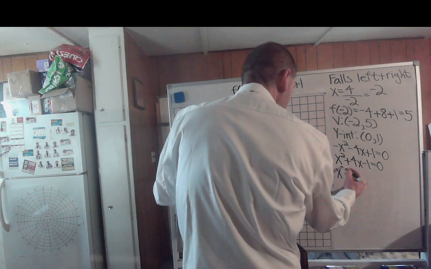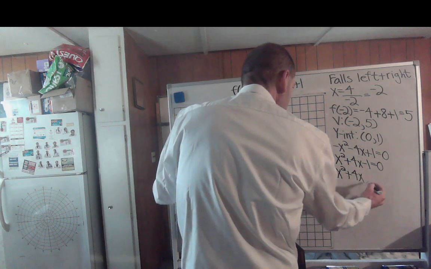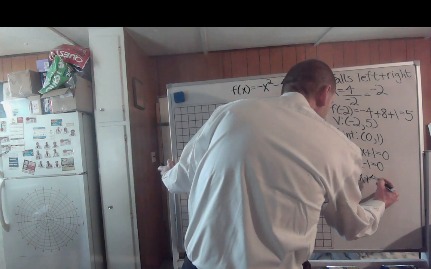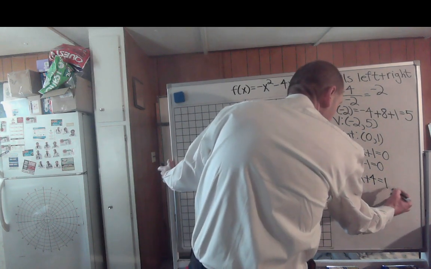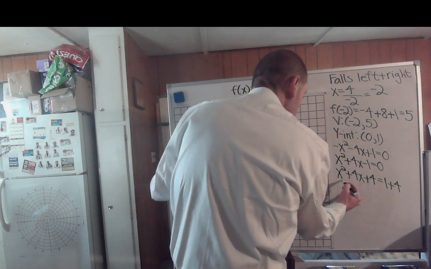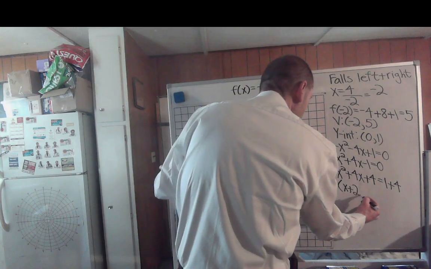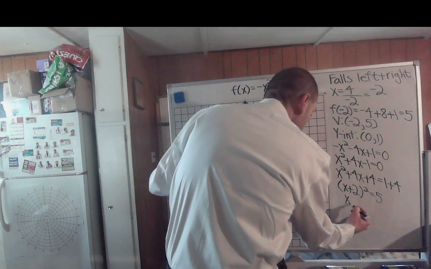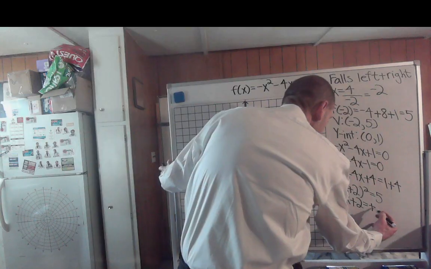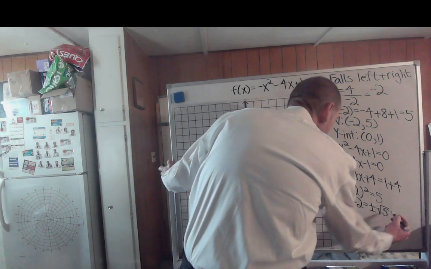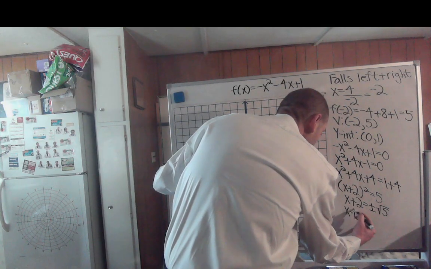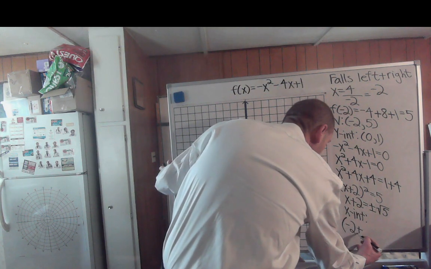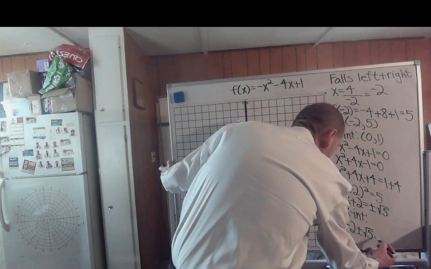So you'll have x squared plus 4x plus half of 4, which is 2. Square that, that's actually plus 4. That would end up equaling 1 plus 4. So then you'll get x plus 2 quantity squared equals 5. Which would give you x plus 2 equals both plus and minus the square root of 5. So your x-intercepts can be found at the points negative 2 plus and minus the square root of 5, 0.